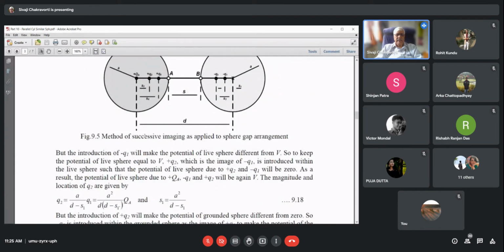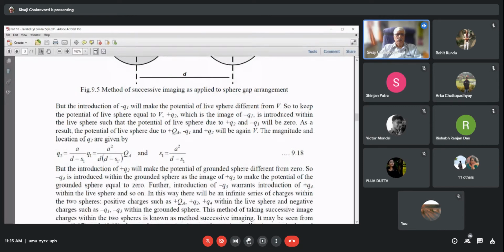And the fact is that if you look into the expression of Q2 and so on, then you can immediately see that at every step of further successive imaging, the magnitude of the image charge is reducing significantly.